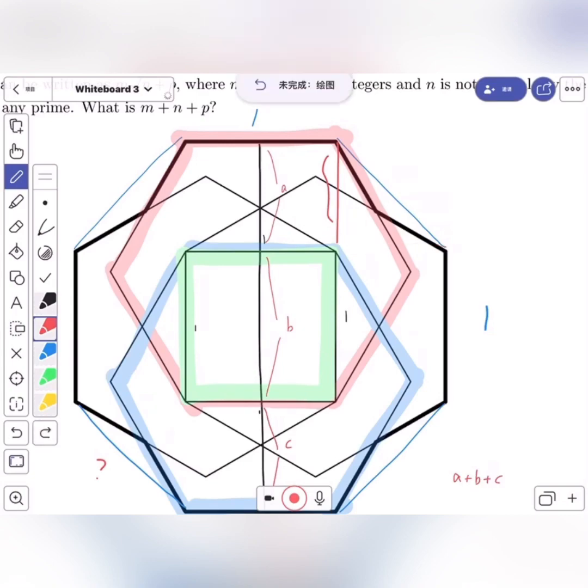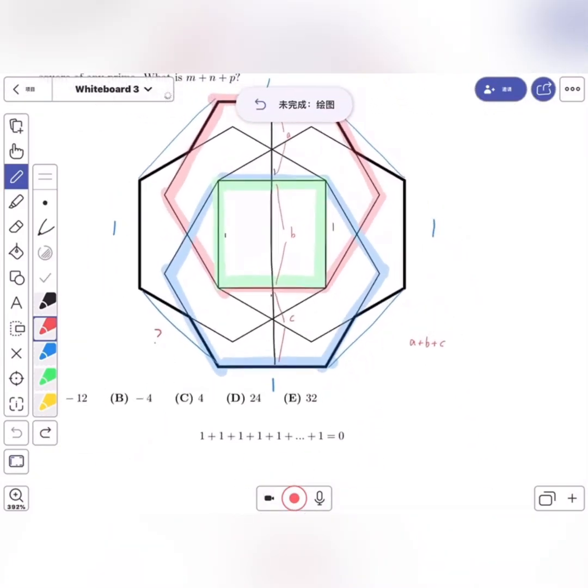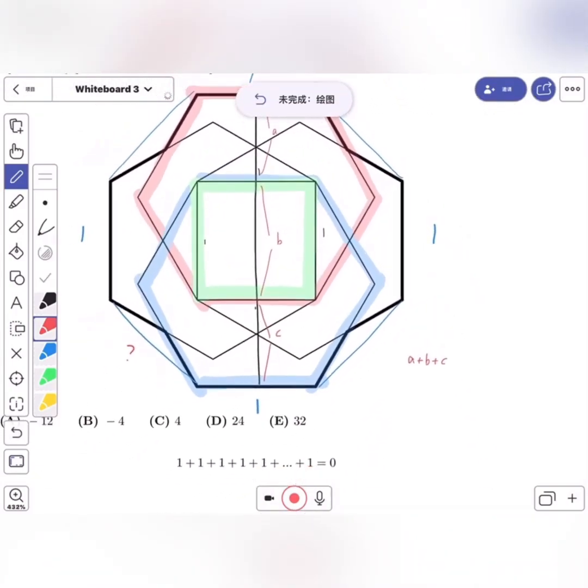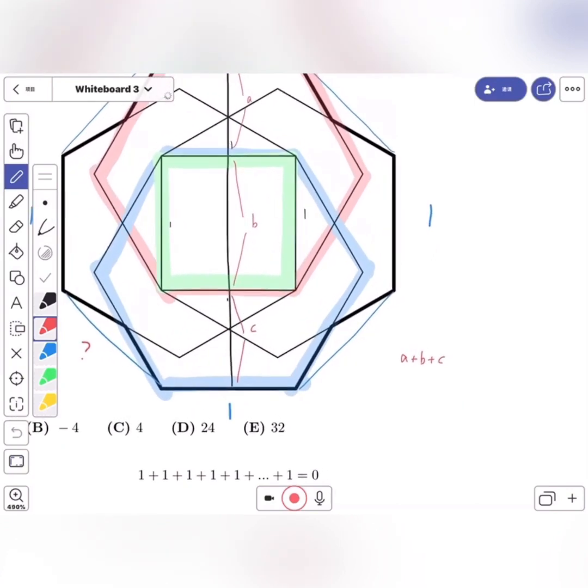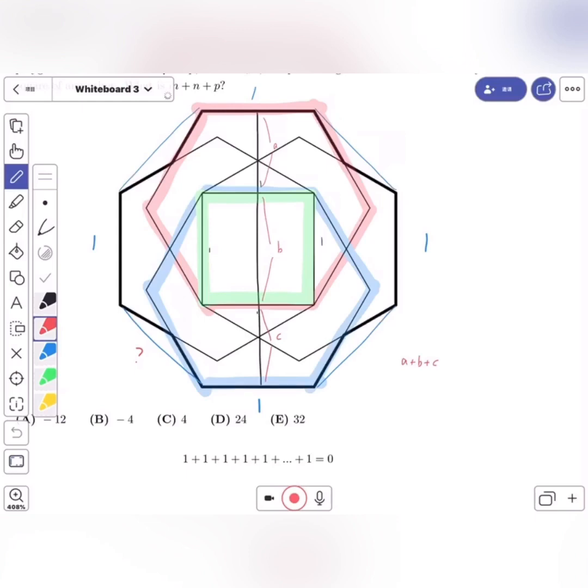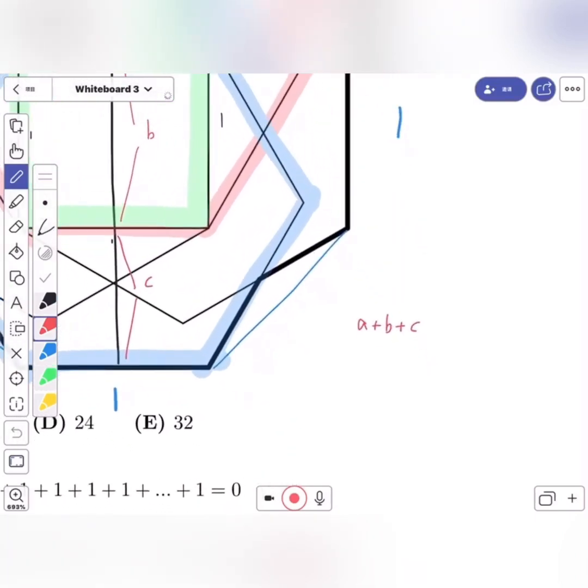So how are we going to do that? Well, A plus B plus C is the entire length, but A plus B we can actually find.